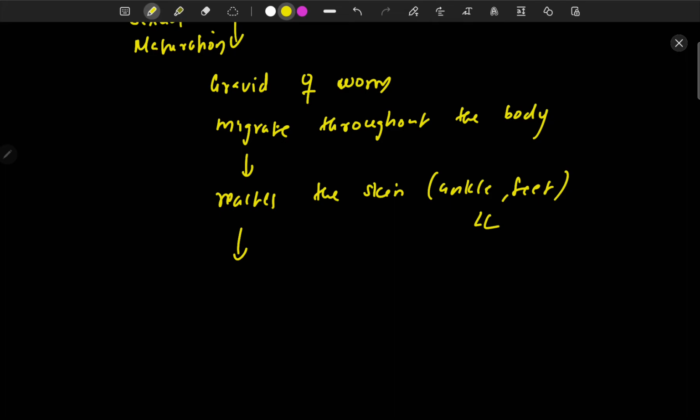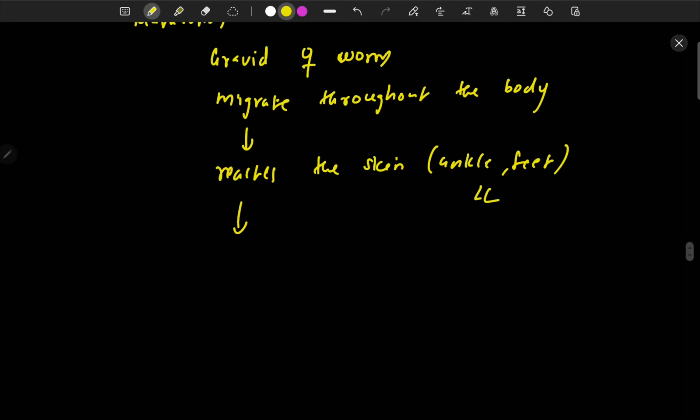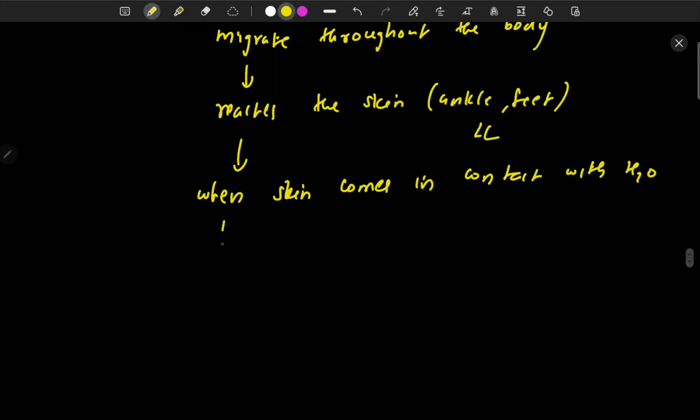When the skin comes in contact with water, the worm induces local blisters.